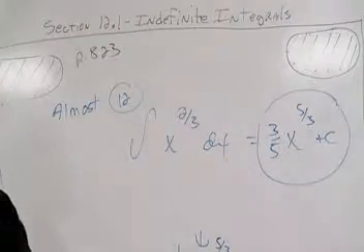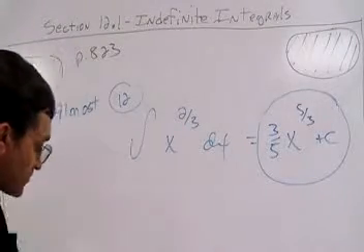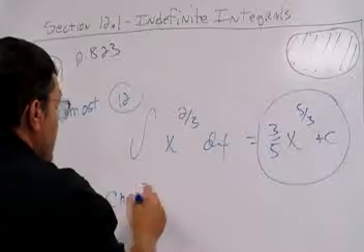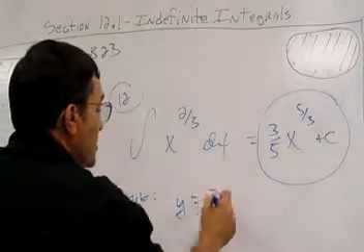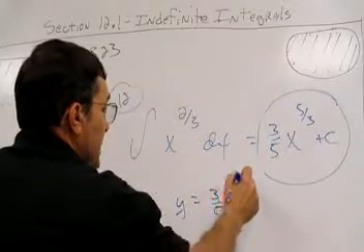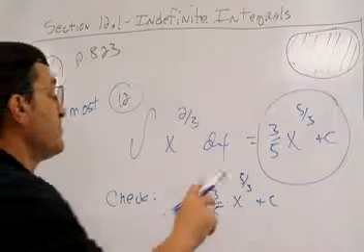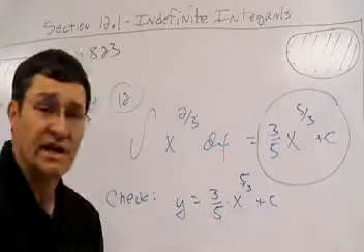Now I'm going to do something I said I wasn't going to do on every problem, but I'm going to do it here. If you wanted to check this answer to see if it's correct, then what if I had y equals 3/5 times x to the 5/3 plus some constant? And what if I took the derivative of that?